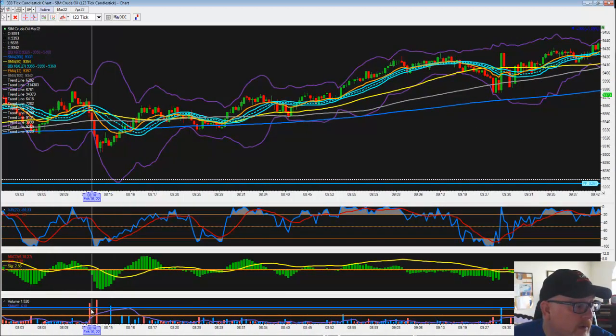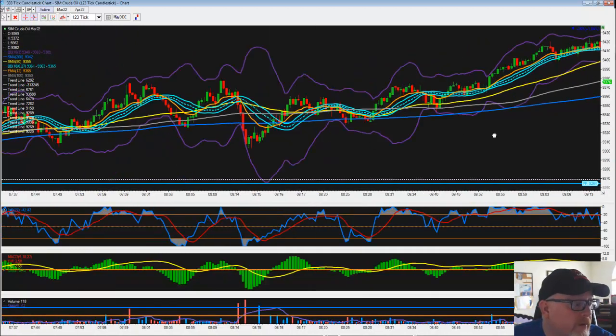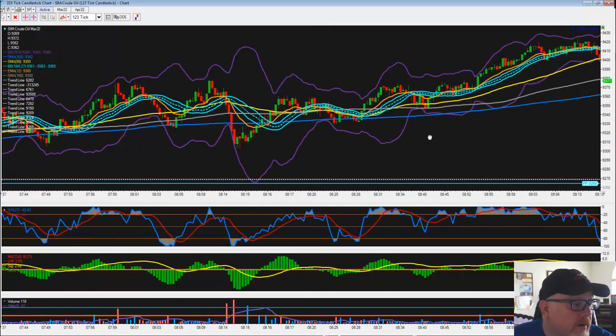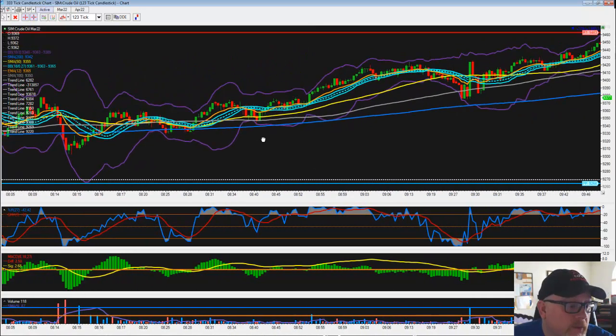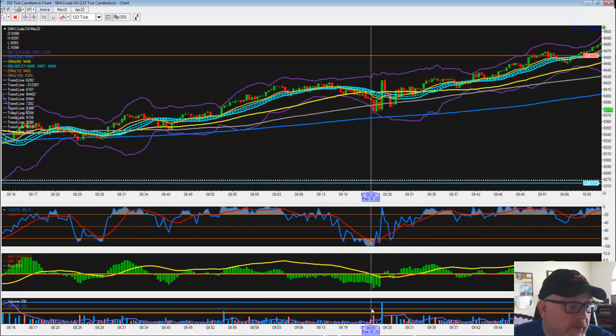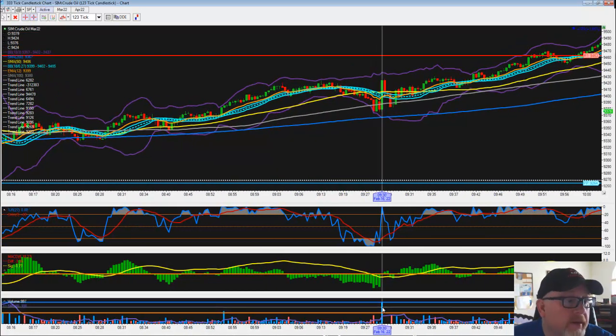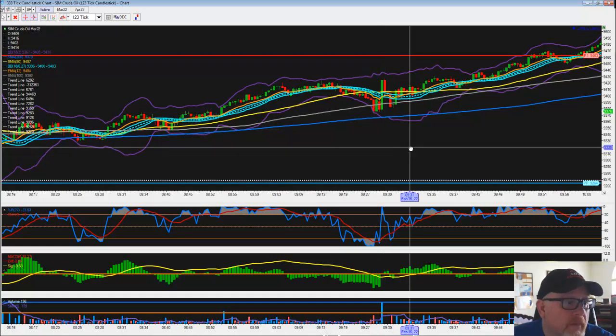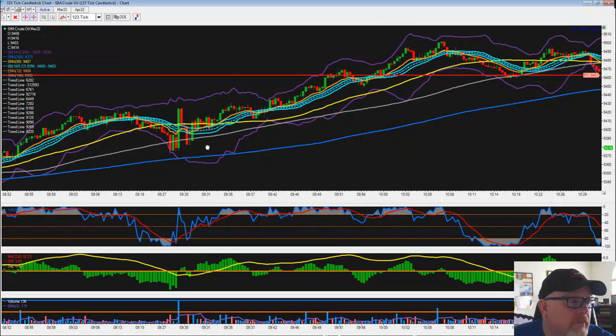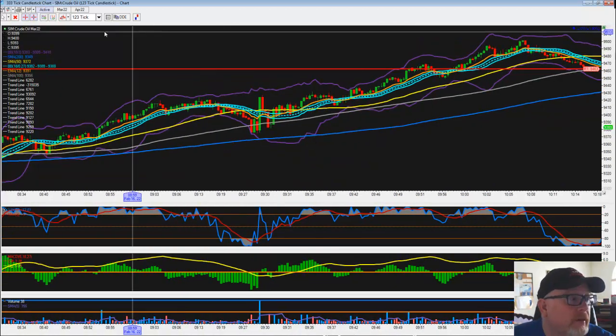Looking around the 8 o'clock mark, I think we had the inventory report come out today too, right? The inventory number would have come right there at the 9:30 mark. So that'll be good to know.